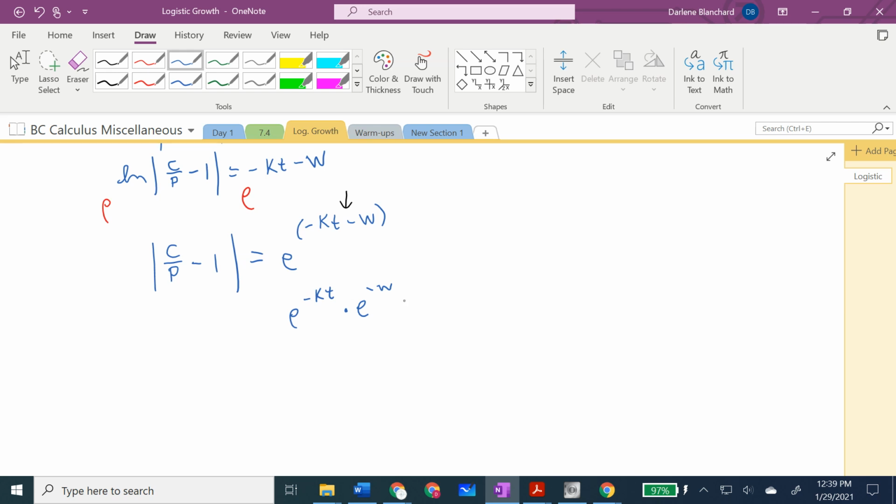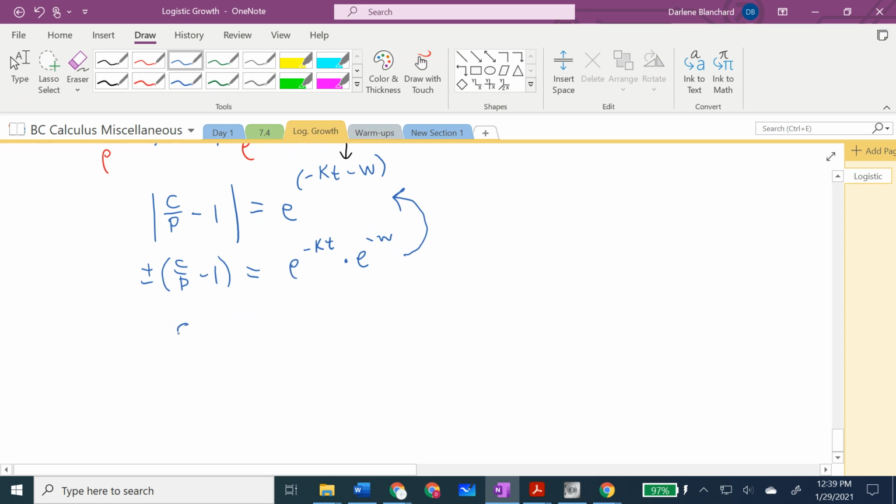Again, you're used to looking at this rule starting here, going to here. So you're having to think backward through that exponent rule. Then additionally, the absolute value is the same thing as plus or minus. And then we're going to just bunch up everything that is going to turn into just one unknown constant.